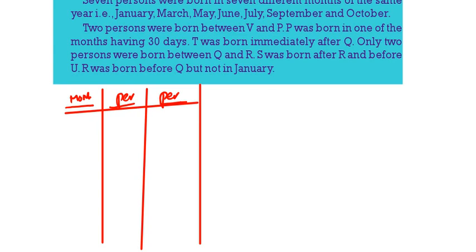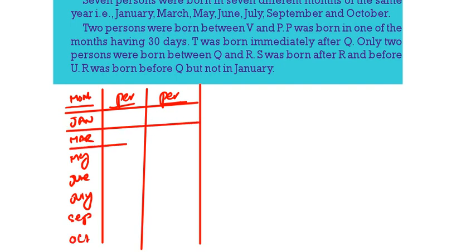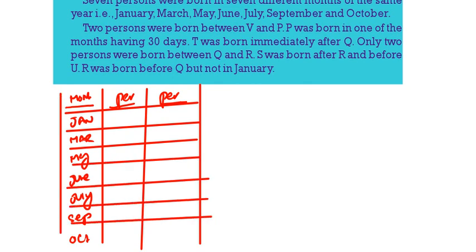Below the months you write down January, March, May, June, July, September, October. Now if you come to the days, January will be having 31 days, March 31, May 31, June 30, July 31, September 30, October 31.